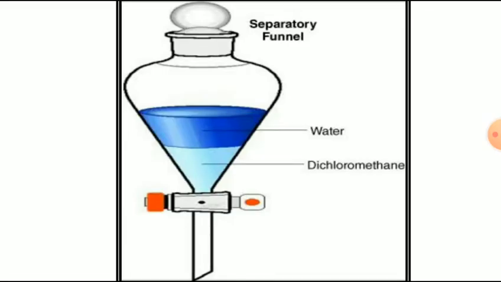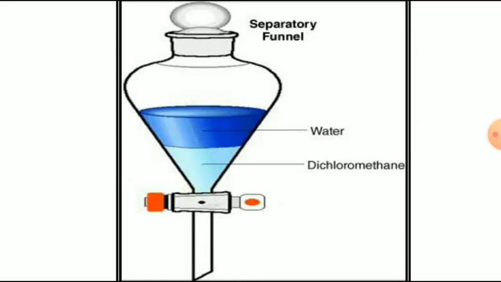See, this is the figure. This is the separating or separatory funnel. This is the tap, the separating tap. In this separating funnel, we have taken the blue colored water layer, and this one is the dichloromethane.